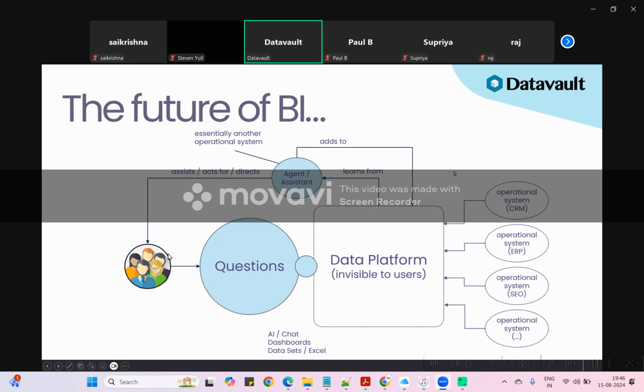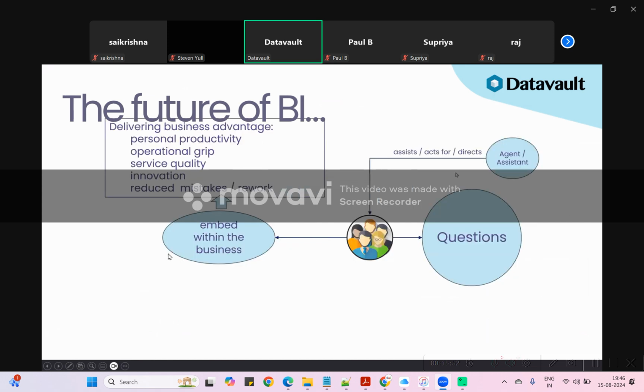Now, your end users are going to be using the information they have for delivering business advantage. So it's going to have a big impact on their personal productivity. They're going to have a better grip on the operational side of the business. Service quality is going to improve. They'll be able to innovate a bit more and maybe have more reduction in mistakes and rework.